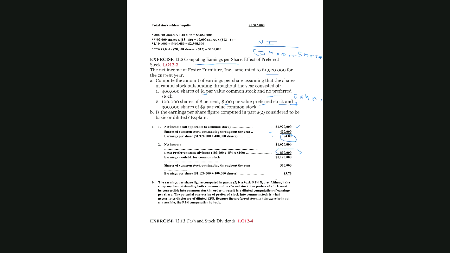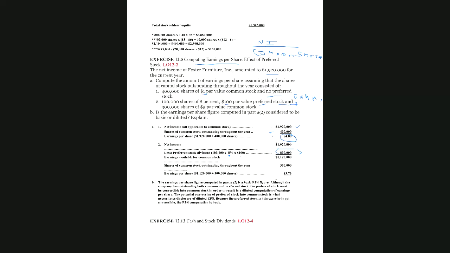We're going to take those 100,000 shares of cumulative preferred stock multiplied by the dividend rate of 8%. But remember, the answer is not $8,000. When you have any type of preferred stock, you always have to also multiply by the par value of those shares.